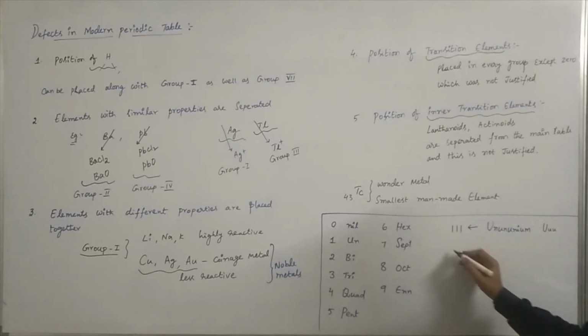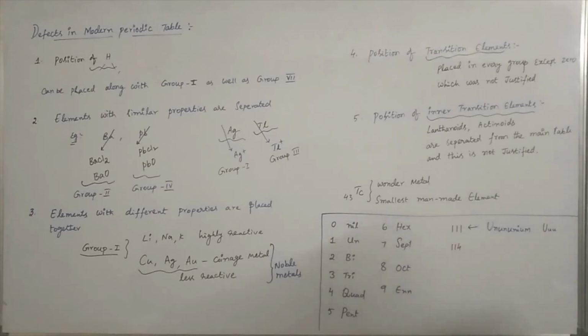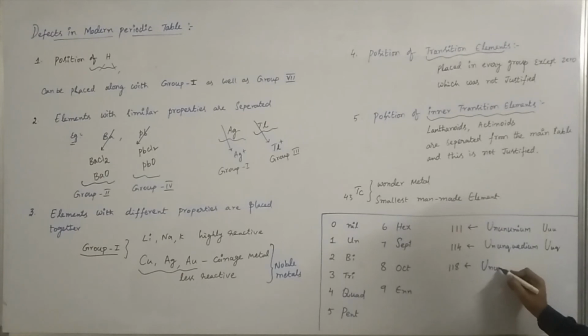If it is 114, then ununquadium. Symbol Uuq. The first letter of the symbol must be capital. Right? Next, if it is 118, then ununoctium. Symbol is Uuo.